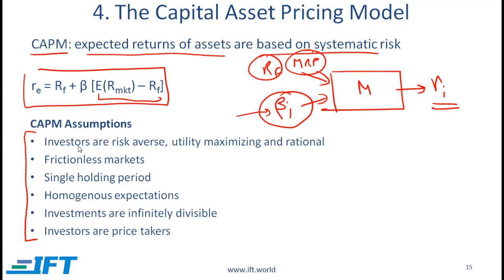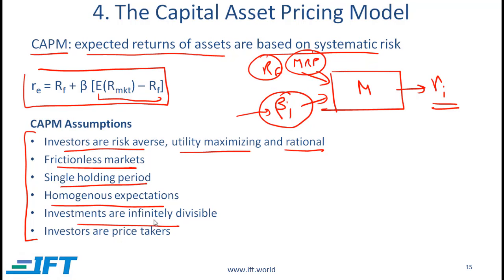Assumption number 1 is that investors are risk averse, utility maximizing, and rational. We assume frictionless markets, which means there are no transaction costs, a single holding period, and homogeneous expectations, which is something we've talked about earlier, where all investors have the same expectation about the return of a particular stock, the risk of a particular stock, and the covariance or correlation between stocks and securities, and so on.